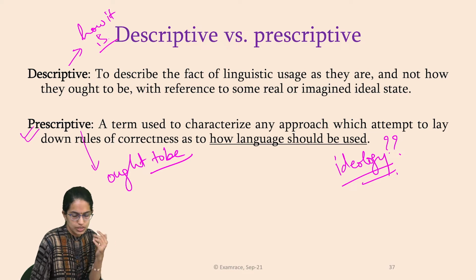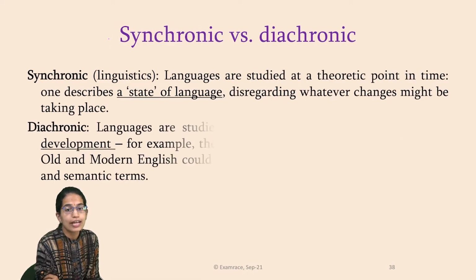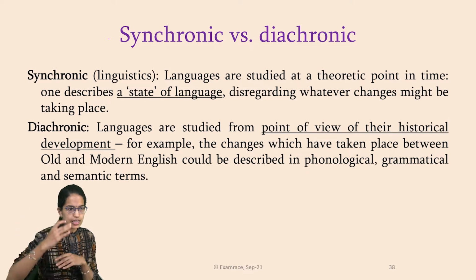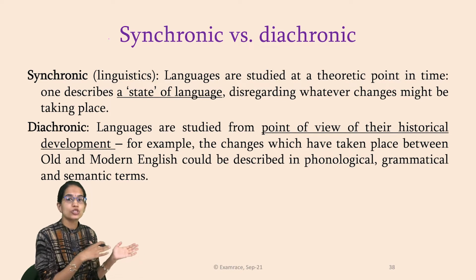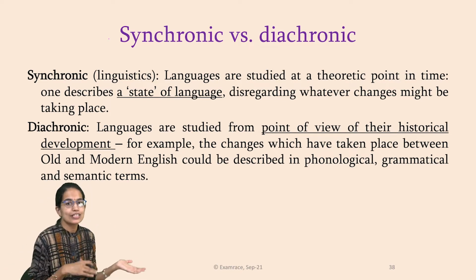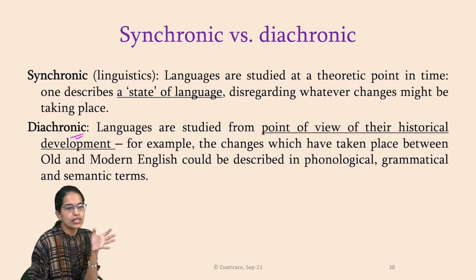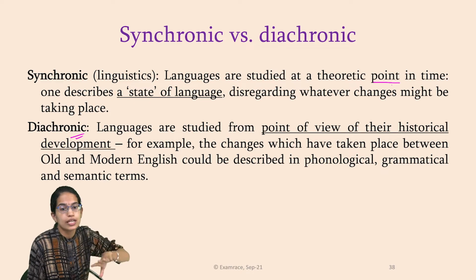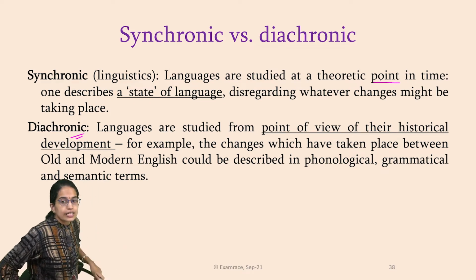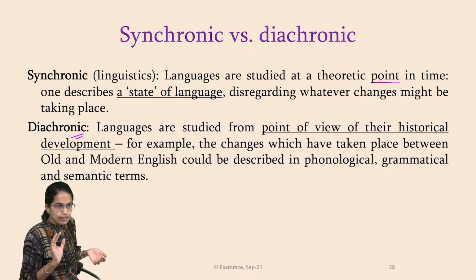A major difference. Clear? The next is synchronic versus diachronic. Diachronic talks about historical development, how the changes took place between Old English, Modern English, Latin English, present English, and that is diachronic. Synchronic is how we describe the study at a theoretical point of time, where we disregard any changes that might take place, to describe the state of language.